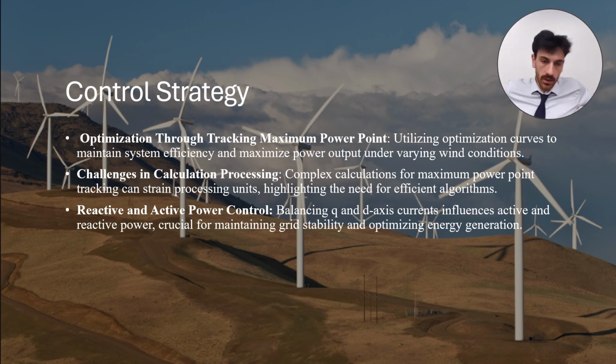So instead, you take a bunch of different potential Pmaxes at different wind speeds, and match that graph up with what your wind speed is reading. Then we're able to balance Q and D axis currents based on whatever curve we have chosen. This is supposed to maintain grid stability and optimize the generation that we're putting out to the grid.